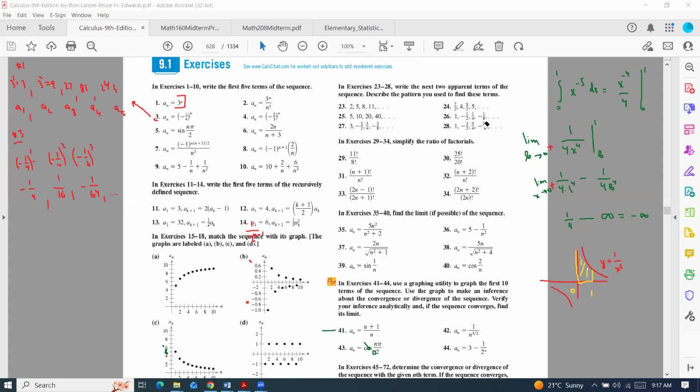So let's say for an exercise like 23, I see here, you need to decide how you move from the first term to the second term. You say, Alex, if I add 3, right, I will get to the next term. Does that work? Well, let's check it. Another 3, yes, 8, another 3, yes, 11.